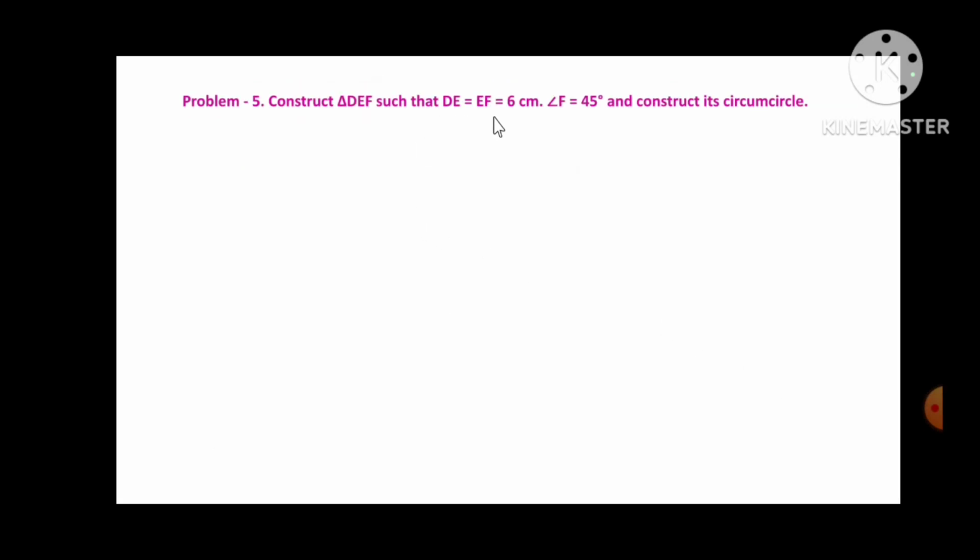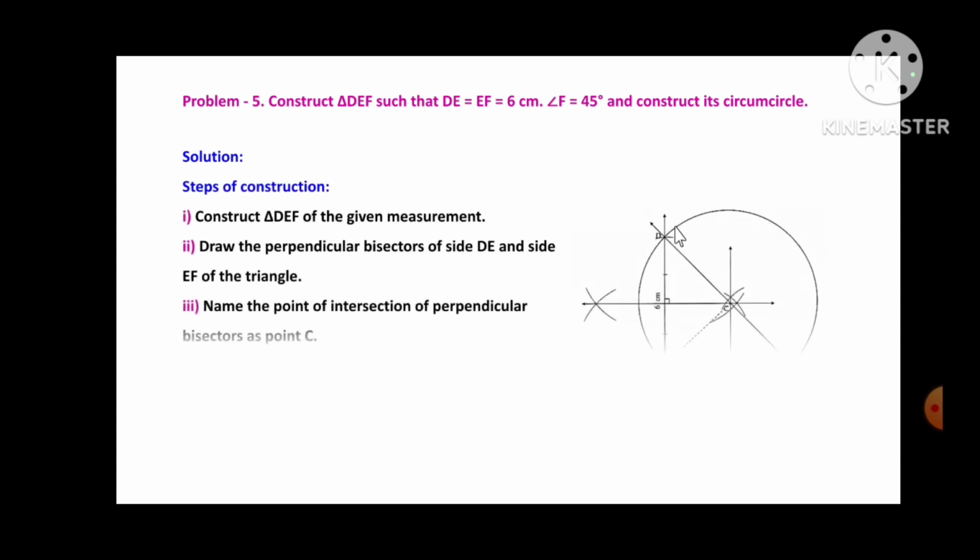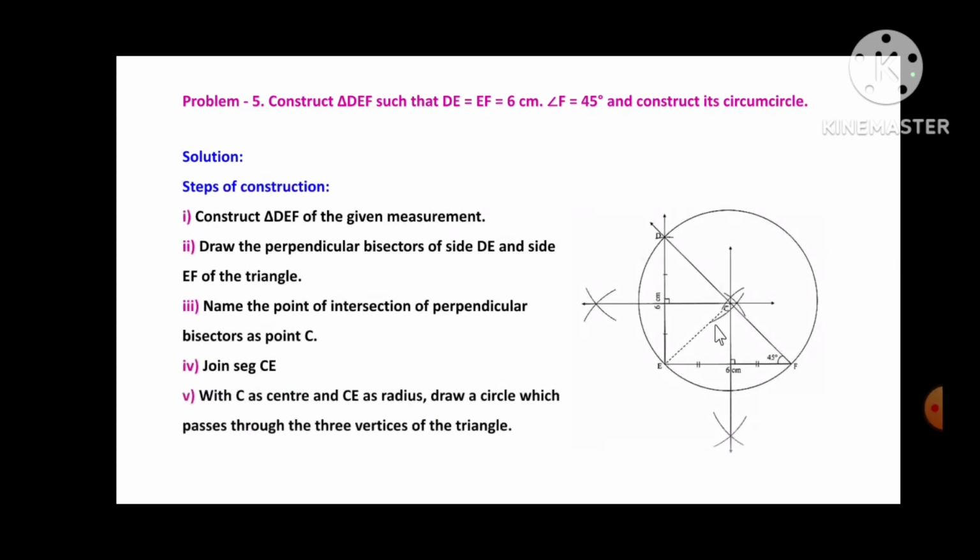Construct triangle DEF such that DE is equal to EF is 6 cm and angle F is 45, and construct its circumcircle. Again, friends, first of all we have to draw the triangle DEF with the given measurements. We have to construct a circumcircle, so sides should be bisected. Draw the perpendicular bisectors of two sides, namely DE and EF.